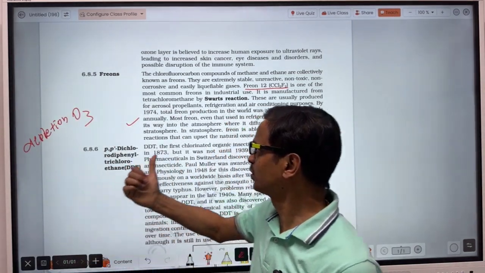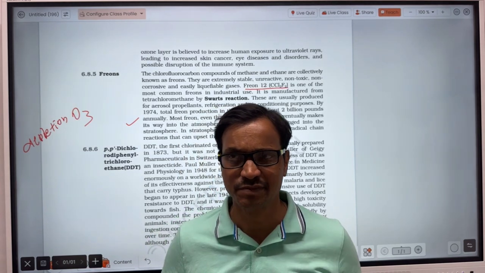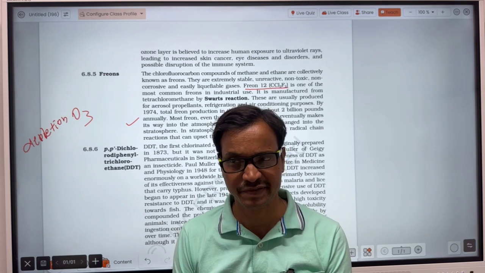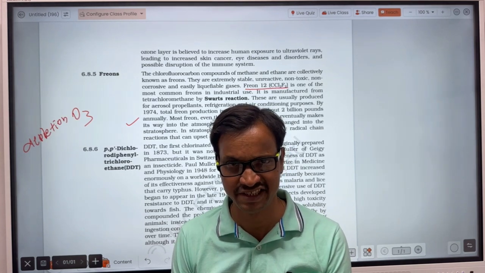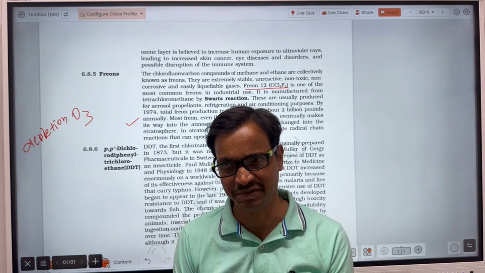That is a fluorocarbon, also called chlorofluorocarbon or freon. So in the examination, this one is very, very important for you who are preparing for IIT Main, JEE, CUET, as well as for the 12th board examination.